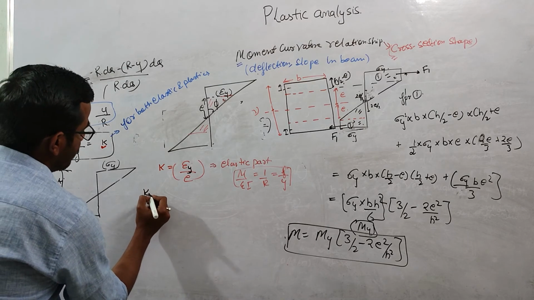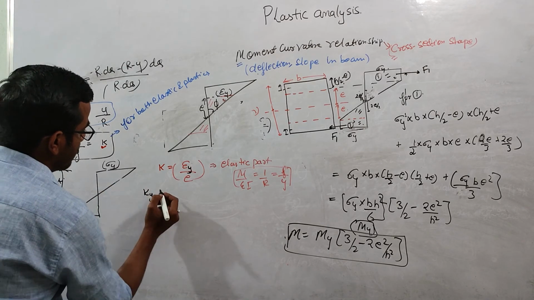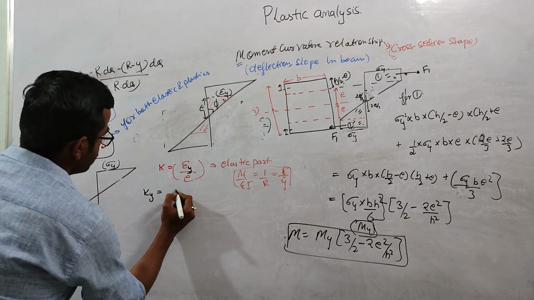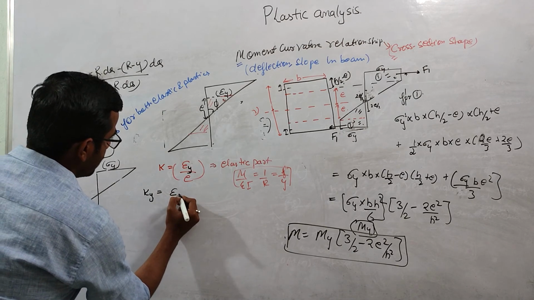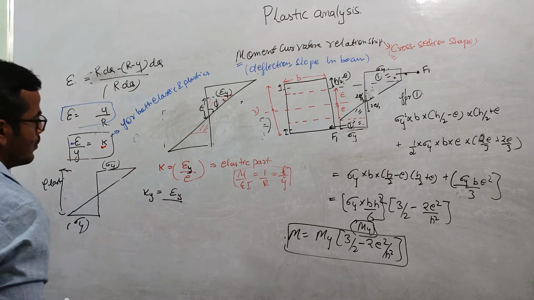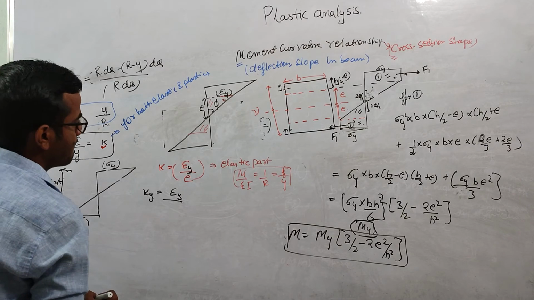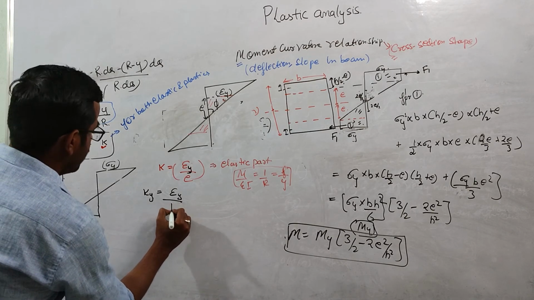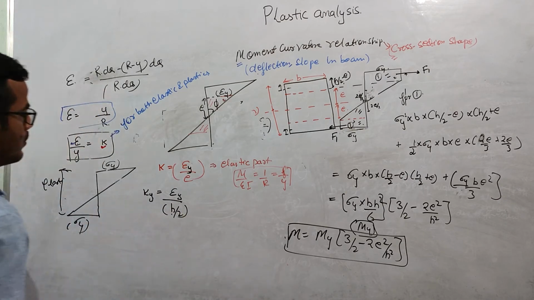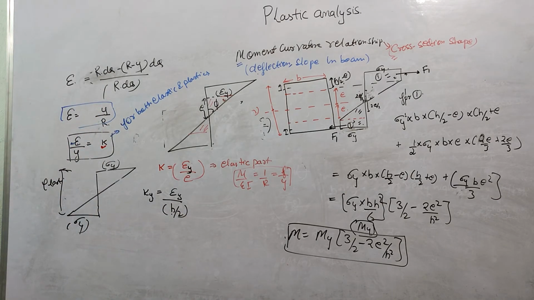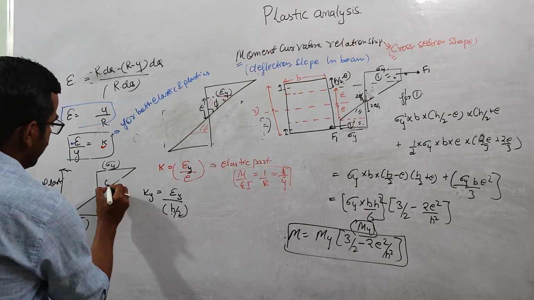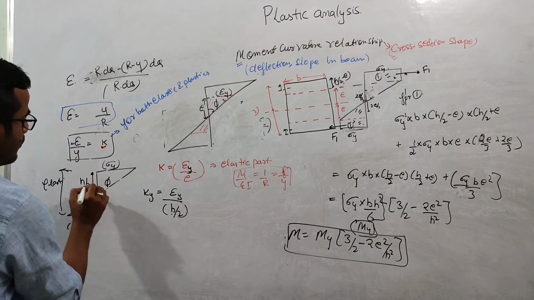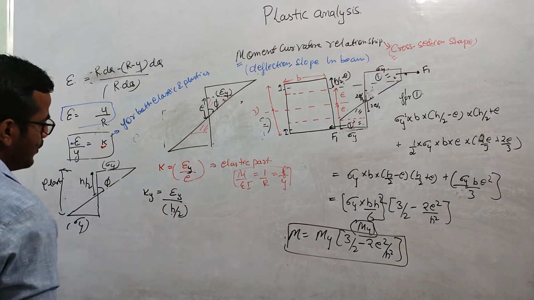From that, if you calculate, the curvature will equal epsilon y over h by 2. So this phi will be equal to epsilon y over h by 2, right?